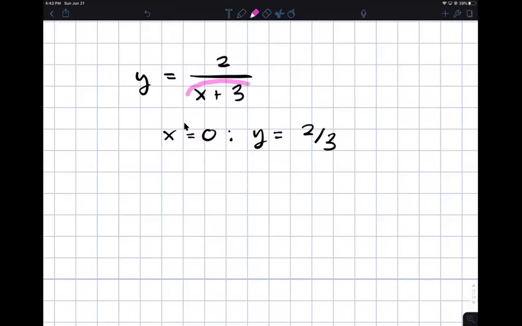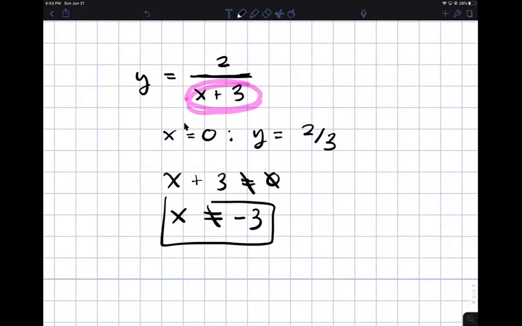What we're worried about is if the denominator equals 0. So if you're trying to find the domain of something like this where it's in the denominator, all we have to do is set the denominator equal to 0. If we do that, what do we get? -3. Yeah, so x cannot be -3. That's it for the domain.